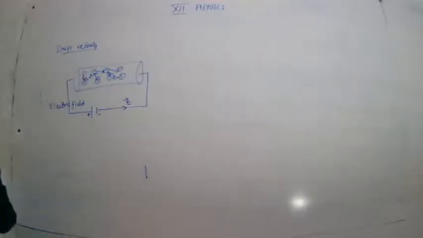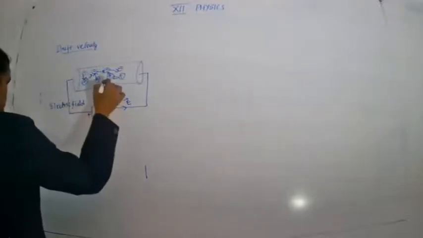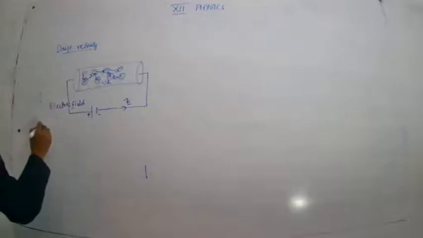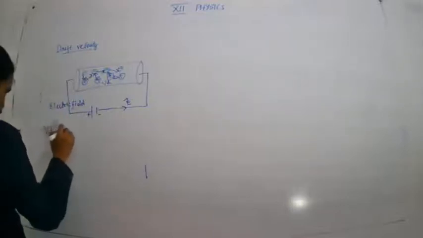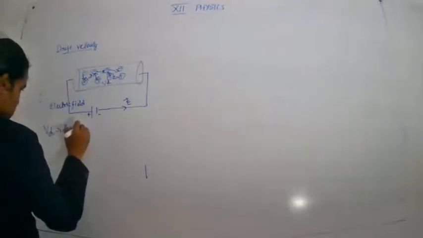So electrons move with a certain velocity, and that velocity is opposite to the electric field. That velocity is called drift velocity. What is drift velocity?